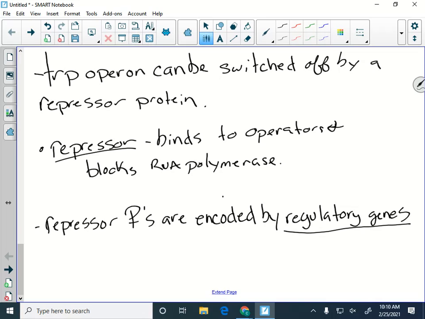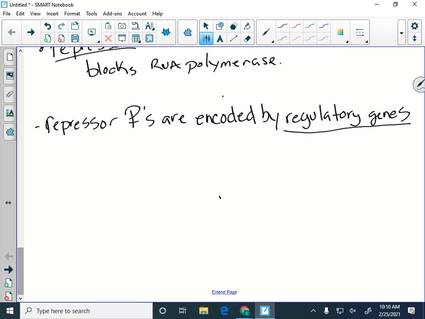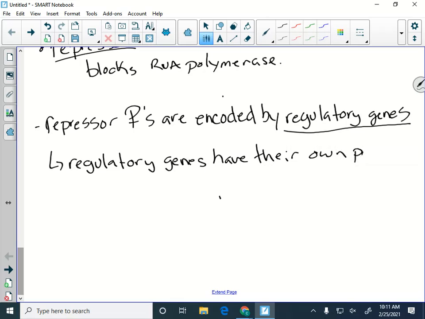Regulatory genes have their own promoters, and are expressed constantly at a low rate.